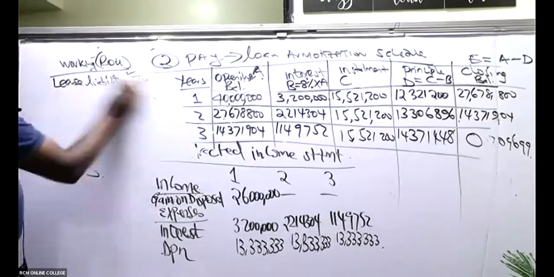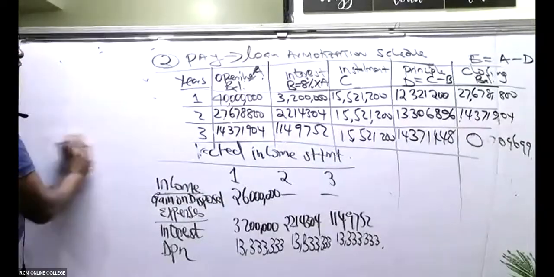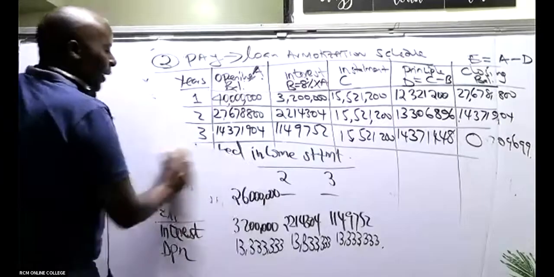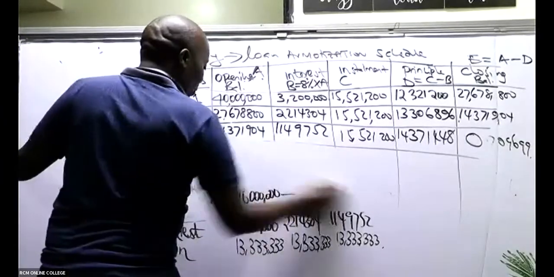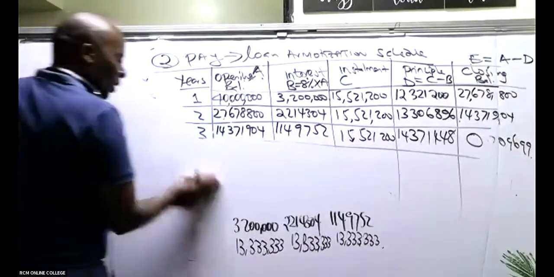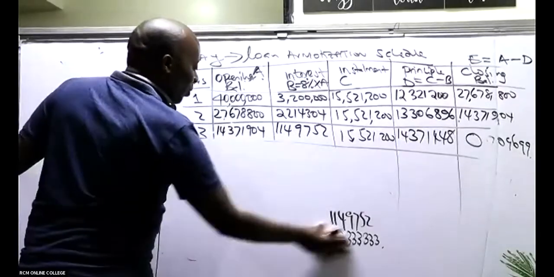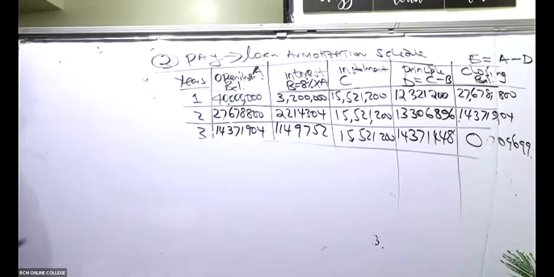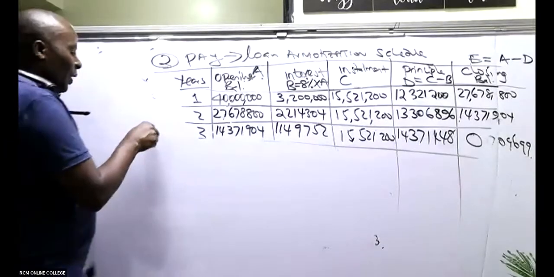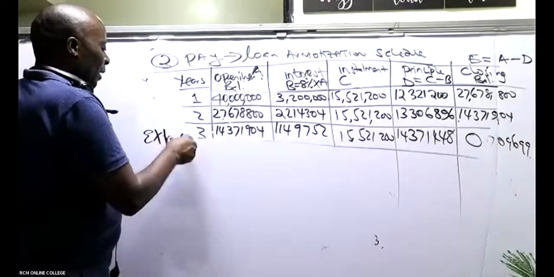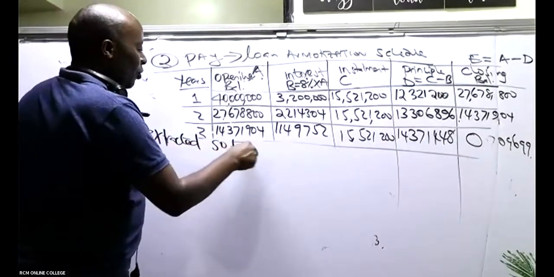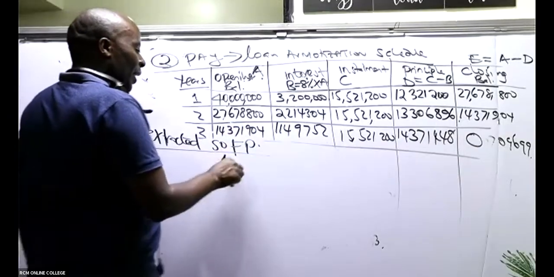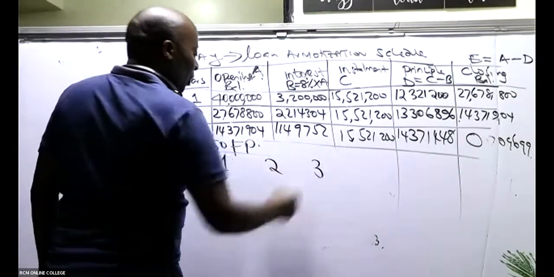All right, the last one, number 4. Now you'll be able to give us an extracted statement of financial position. Remember, we have our years 1, 2, 3.